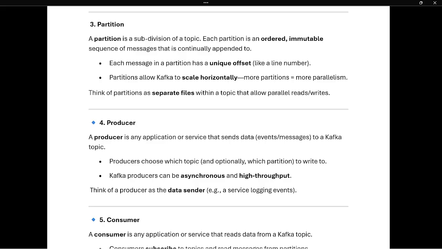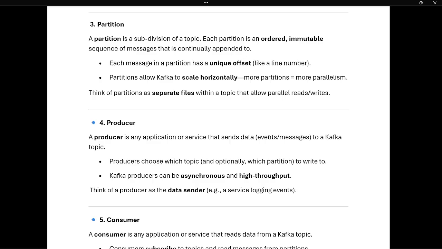Now coming to the producer. A producer is an application or service that sends data.